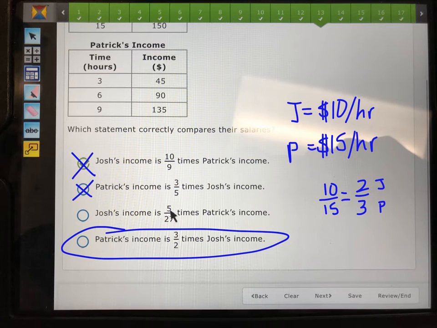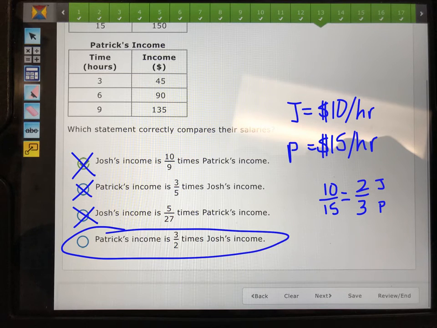Josh's income is 5/27 of Patrick's, so this one is definitely smaller, but this is way less than half. 5/10 is half, okay? And he's not half of Patrick, because this would have to be 20. 10 to 20 would be half. So this one can't be true. And that leaves me with only Patrick's income is 3/2 times more.